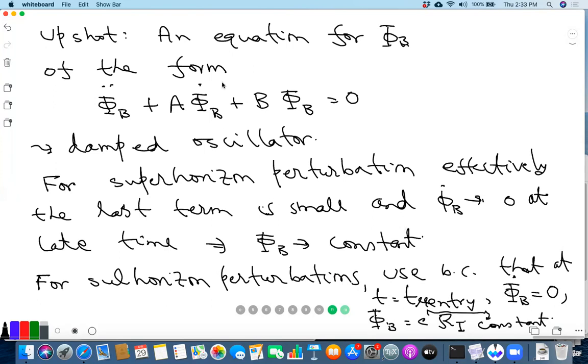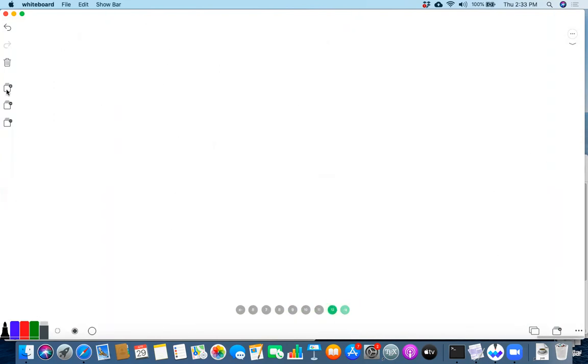And then once the perturbations enter the horizon, when b becomes significant, then phi b starts to oscillate, because this is like a damped oscillator. So let me draw phi b versus time roughly. It was more or less constant.